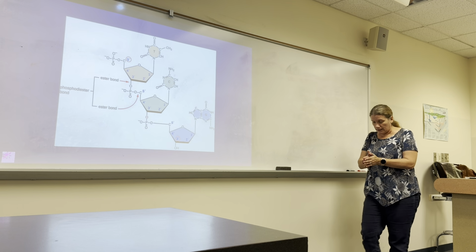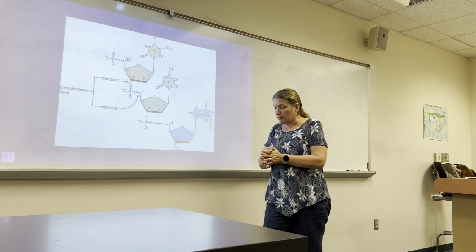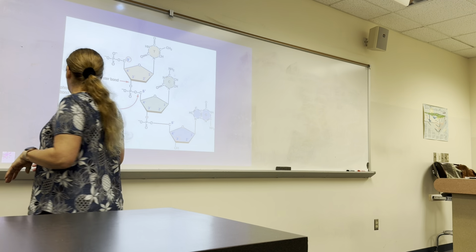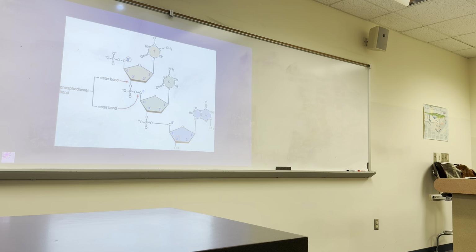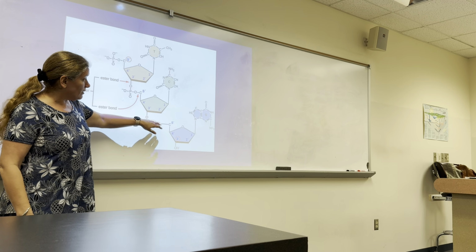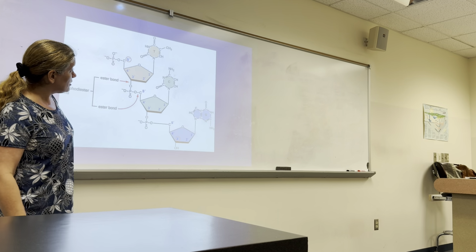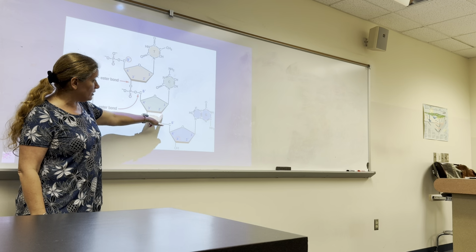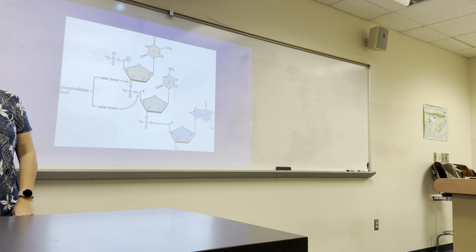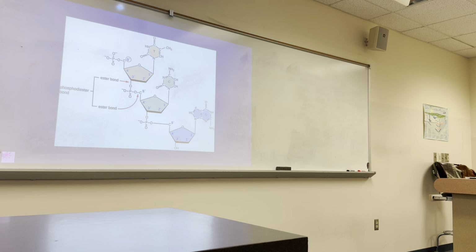Now, when we are making a strand of nucleic acids, making that polymer, in this case you can see we have not identified specifically by our number 2 carbon whether we're talking about DNA.